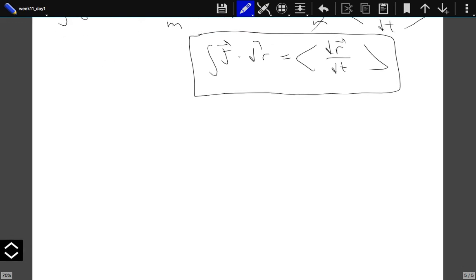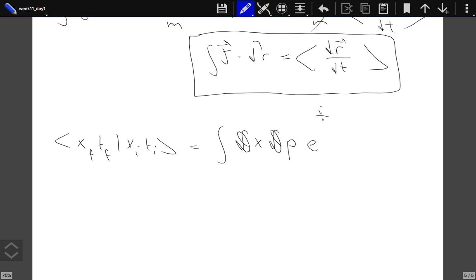Well, you see, path integral is quite general. Whatever Hamiltonian you have, you can write a corresponding path integral. But that path integral will have this form. So you have an integral over all possible points and also momenta.